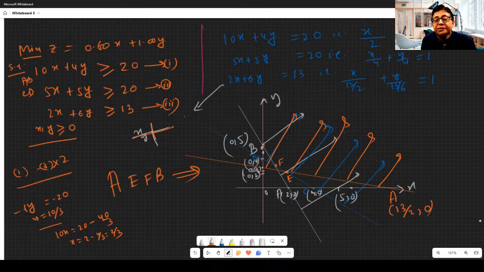These two lines. This last one and this first one, they are intersecting here, isn't it? So I need not consider that part. Instead, the last one and the second one, let us solve that. These two.